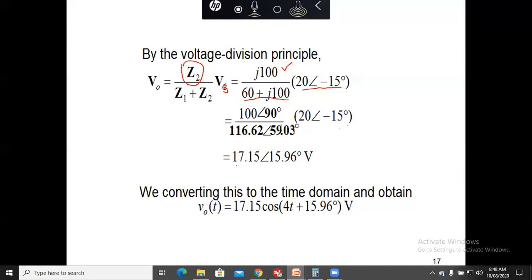So the value of this output voltage comes to 17.15 at the angle of 15.96 degrees. Now we convert into time domain. So this is the time domain representation of the network. So is it clear? I hope you have no question up till now, because that's very simple.